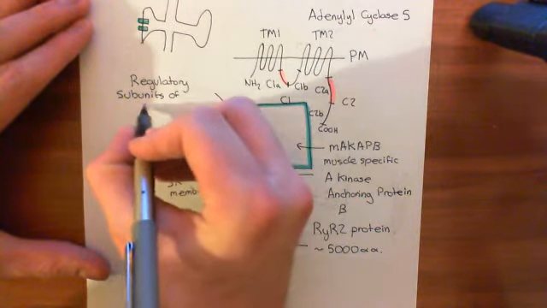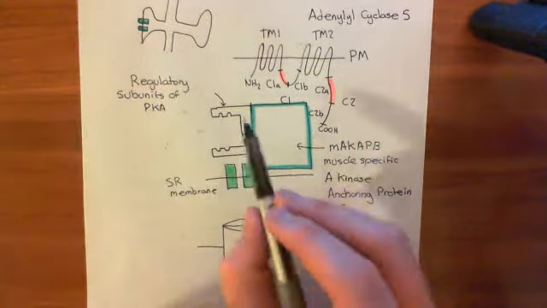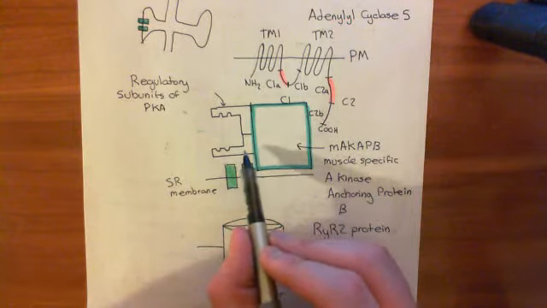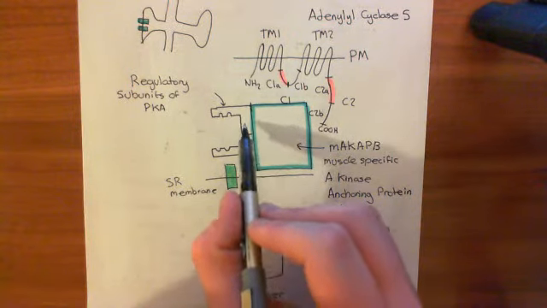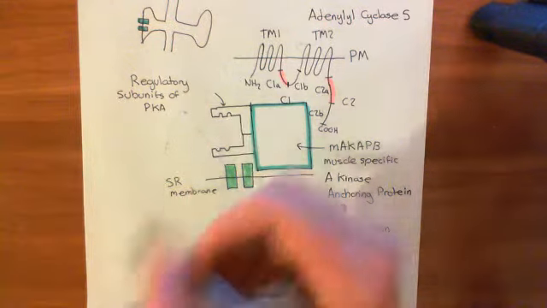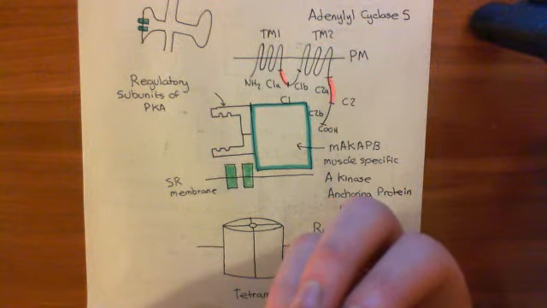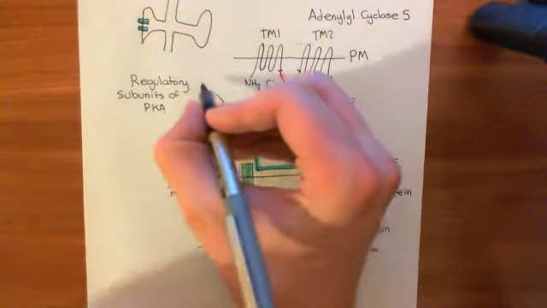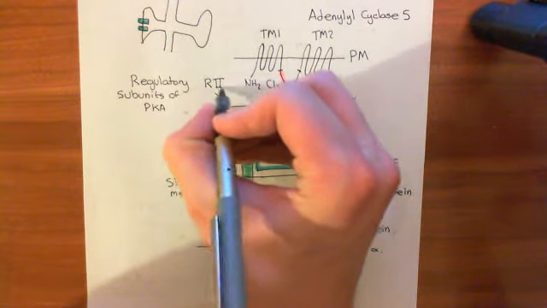And basically, the type of protein kinase A that you are is determined by which regulatory subunits you use. So basically, there are 2 genes that code for regulatory subunits of protein kinase A. The type 1 regulatory subunit and the type 2 regulatory subunit of protein kinase A. These are going to be the type 2 regulatory subunit.